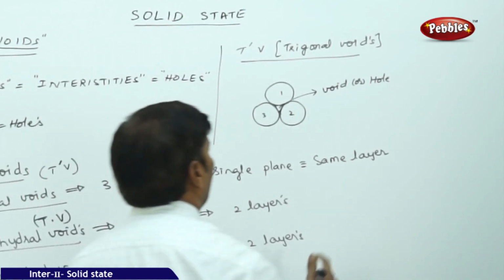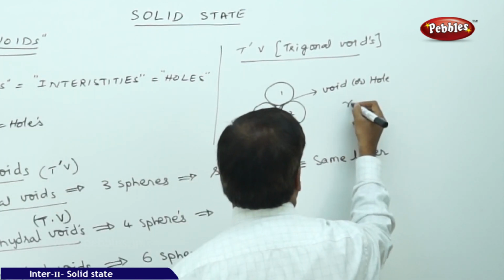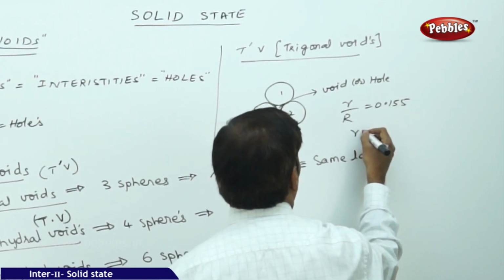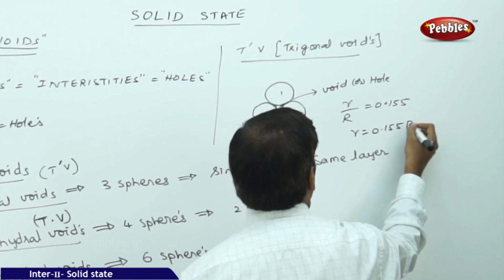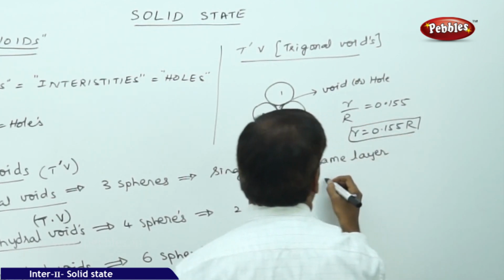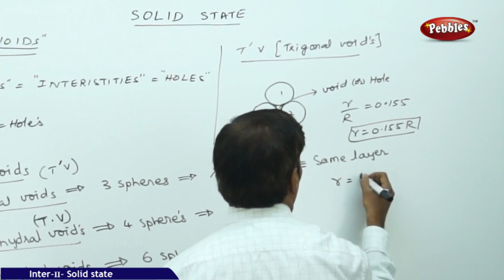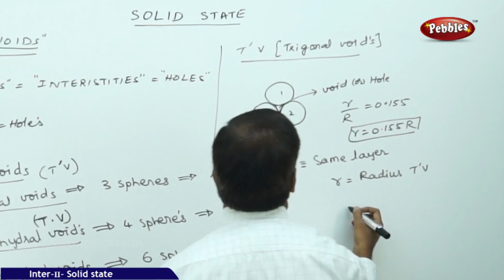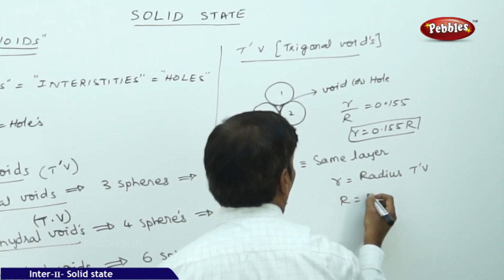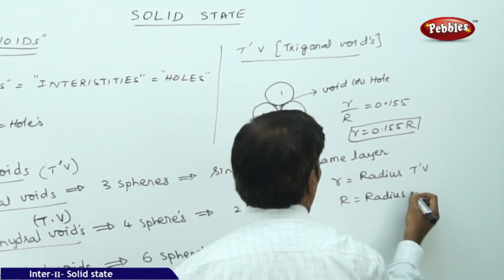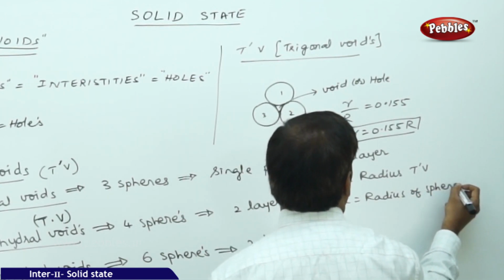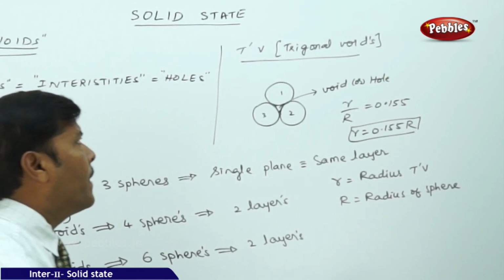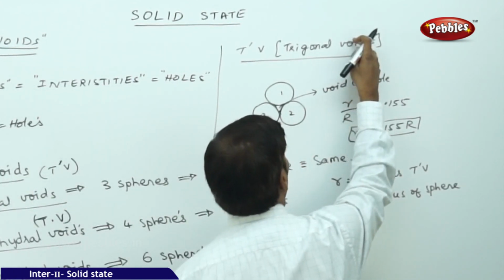Here small r by capital R is equal to 0.155, so small r is equal to 0.155 into capital R, where small r is the radius of the trigonal void and capital R is the radius of the sphere.